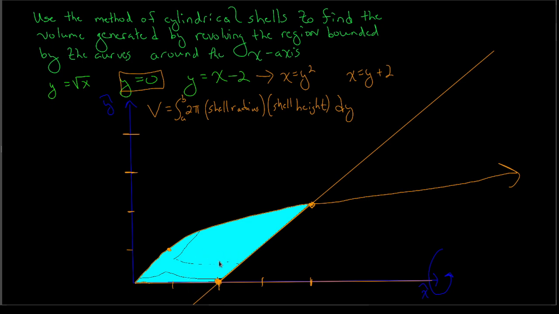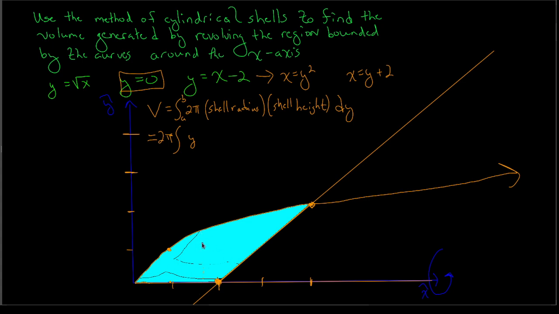And so as I rotate the elements across, their radius will vary in y. So the shell radius is going to be y. I'm going to pull my 2 pi out front. Let me rearrange this. We'll put 2 pi out front. We'll put my integral here. The shell radius is y, because as I move across in y, my radius of my shells will expand outwards.